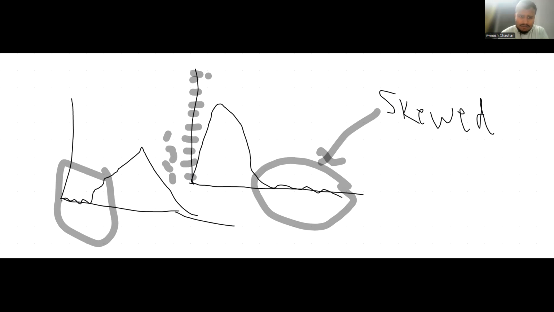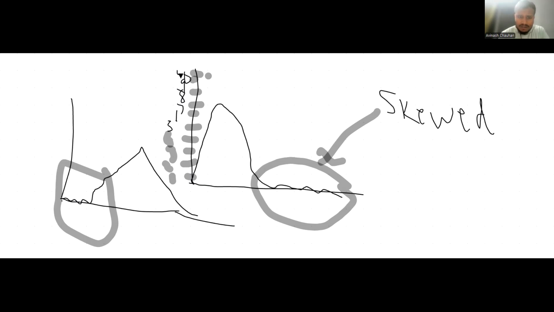For example, 1, 2, 3, 4, 5, 6, 7, 8, 9, 10. My data points are like this.